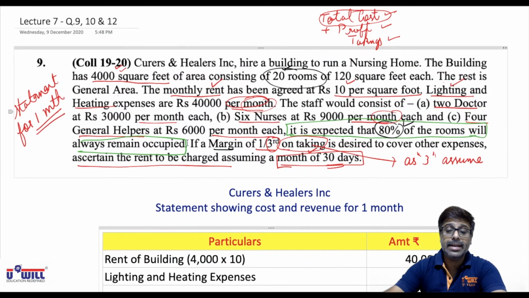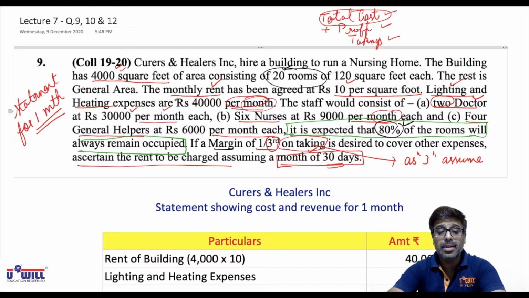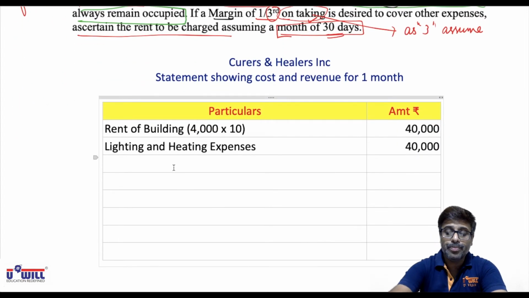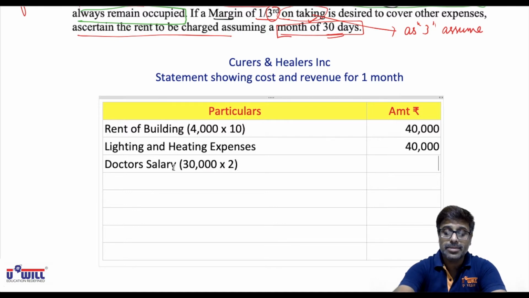Then after lighting and heating expenses, we have doctor's salary. 2 doctors, 30,000 per month. We are making the statement for 1 month only. So 30,000 into 2, doctor's salary would be 60,000.